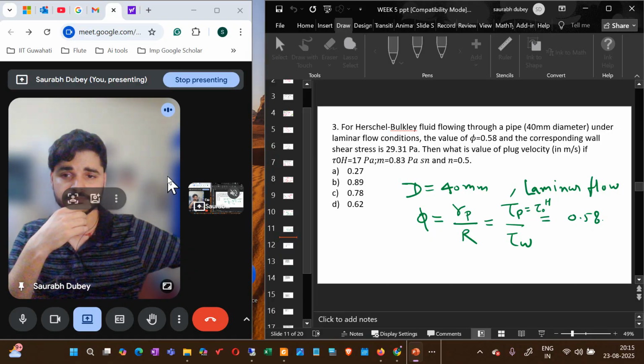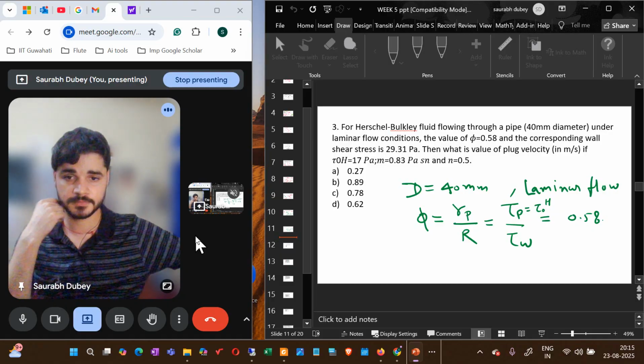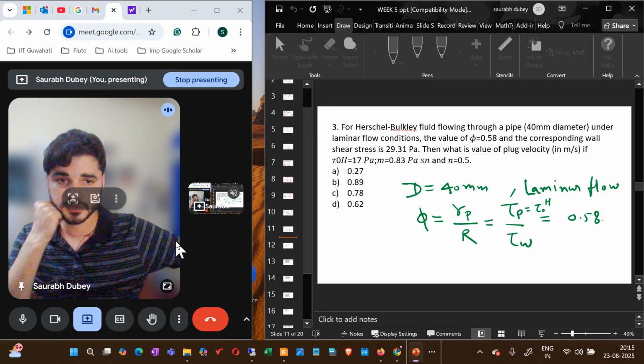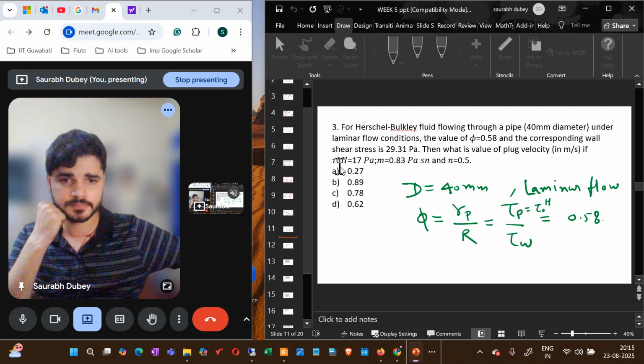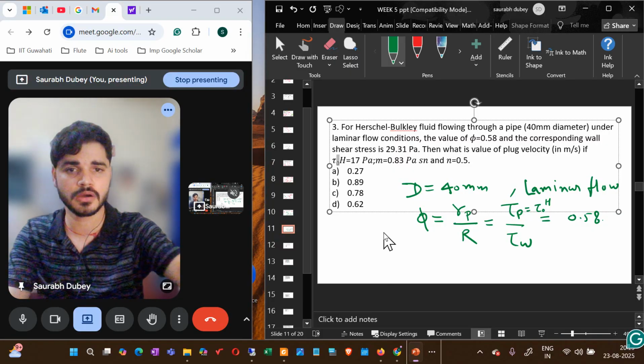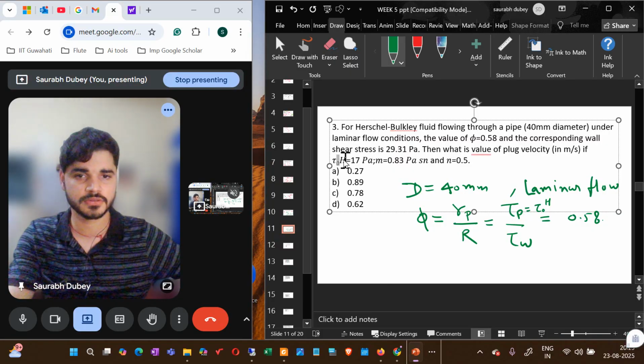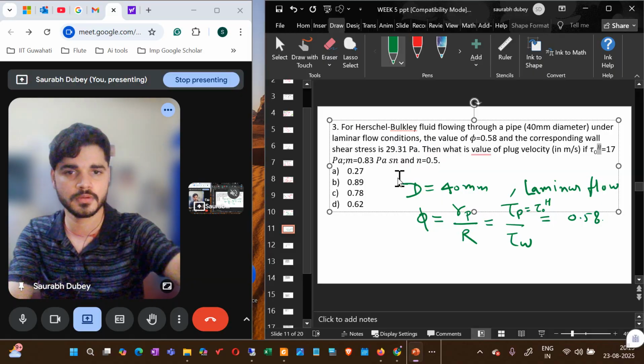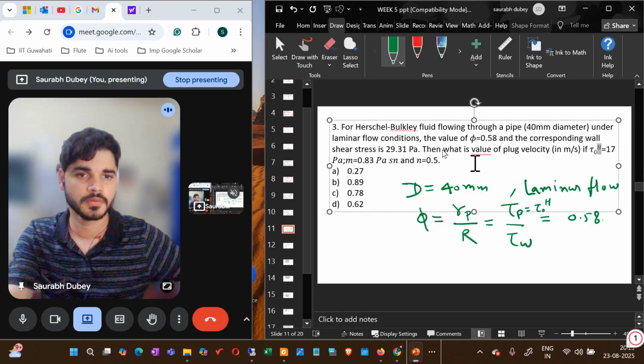Okay, so this knot should come down and this H should come up, and things are okay now, right?